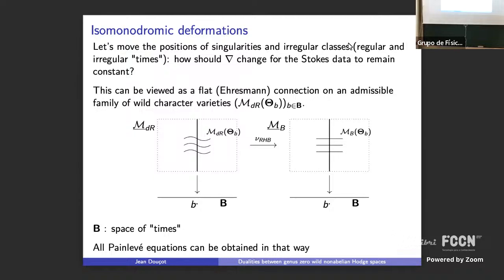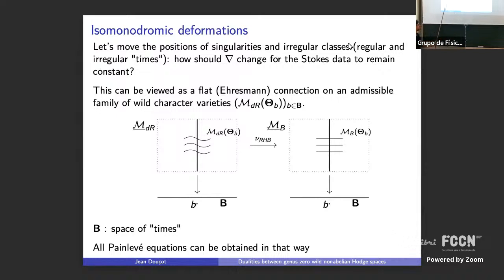I'm not claiming that everything in this picture is rigorously defined. Philip Boalch has defined those wild character varieties on the Betti side with their quasi-Hamiltonian structure, etc. In his paper, he basically shows that you can assemble them into a locally constant fibration on the Betti side, and then this translation to the de Rham side, I expect, as you mean, would need some work to make fully rigorous, to show that this behaves well in families with respect to the parameters.